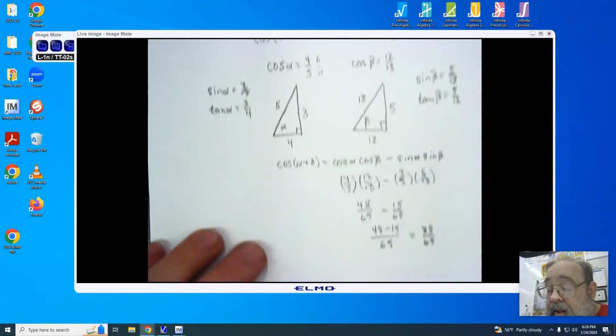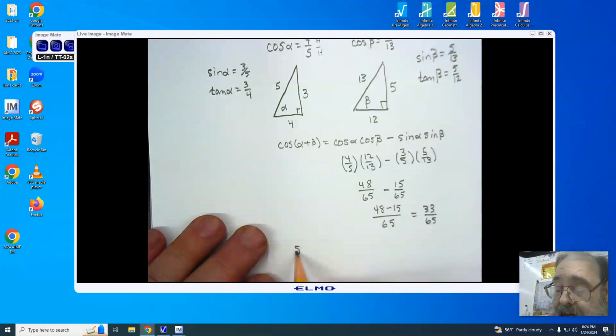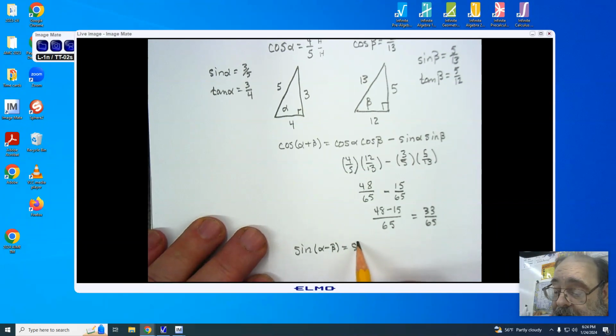Let's go ahead and take a look at the sine. Let's do the sine of alpha minus beta. We know our formula is the sine of alpha, cosine of beta, minus cosine of alpha, sine of beta.